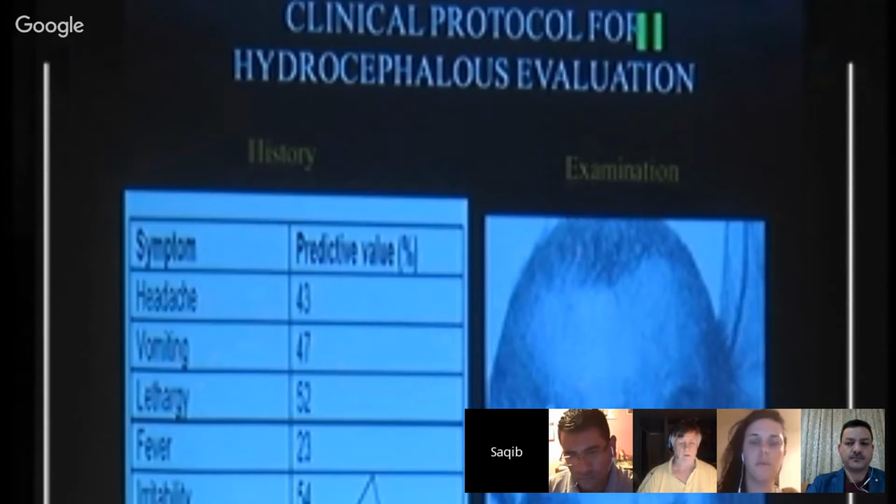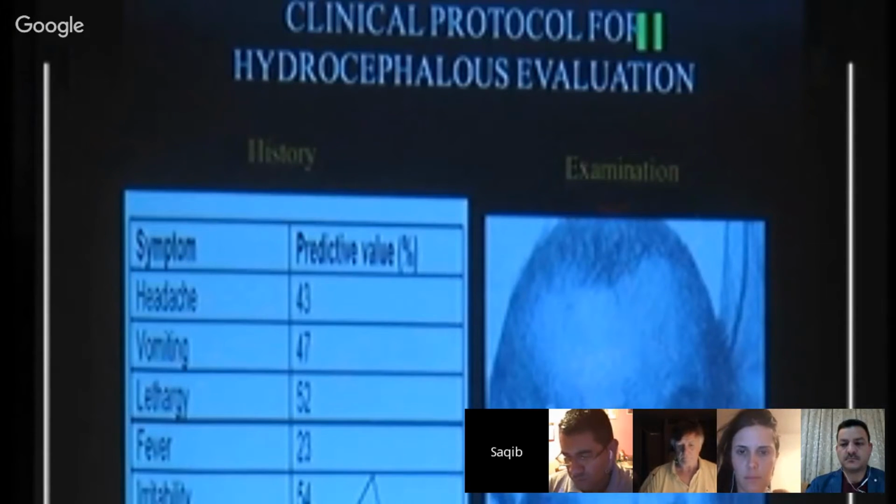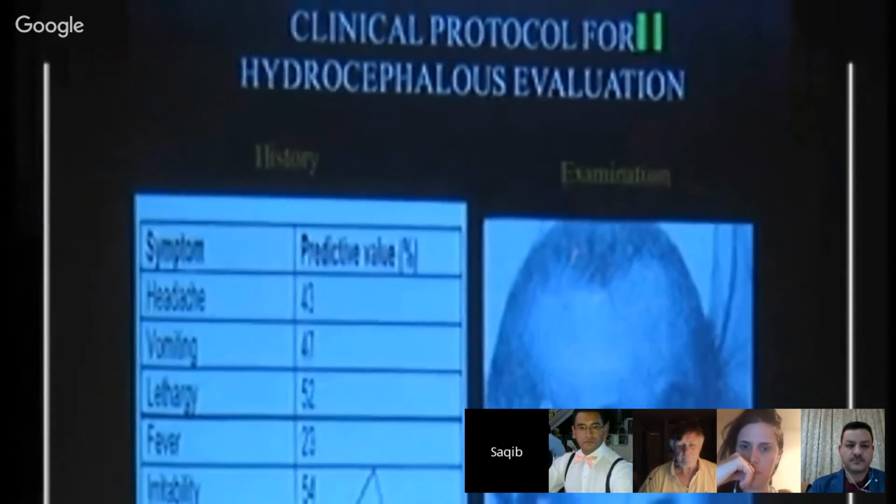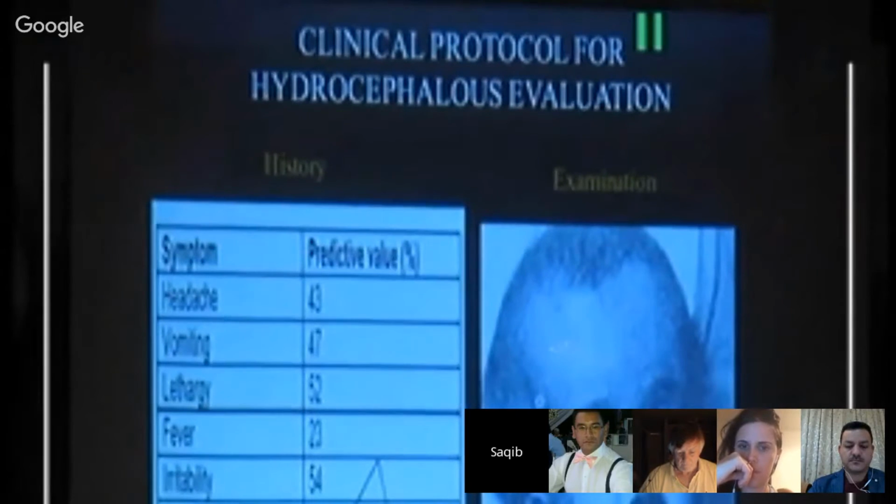When you examine a patient with hydrocephalus, it's usually a baby, because most of the findings are in the pediatric population. In adults, mostly it's the history and a few clinical findings, but you rely mostly on the history and the radiological findings. You see a baby who's got an enlarged head, sunken eyes, and if you palpate, the fontanelle is bulging or tense.